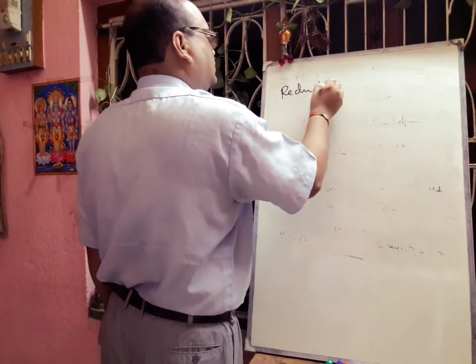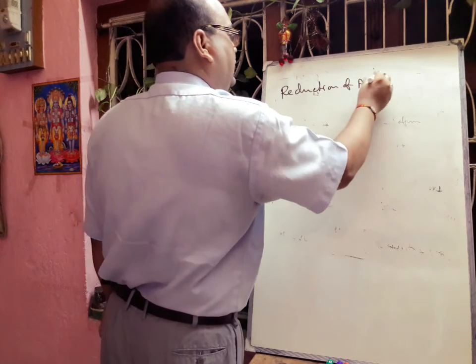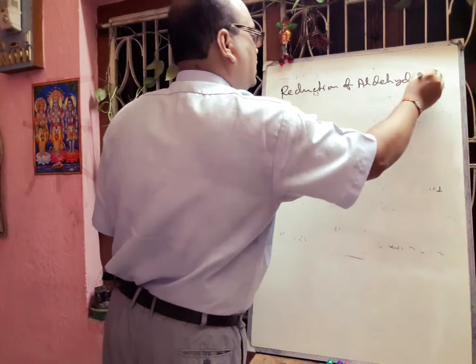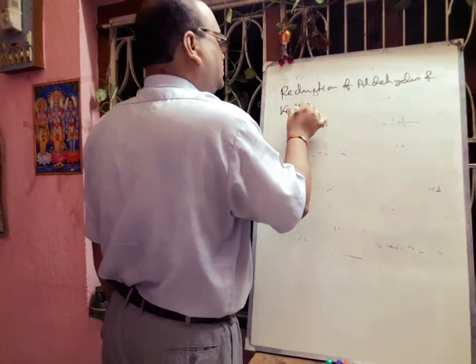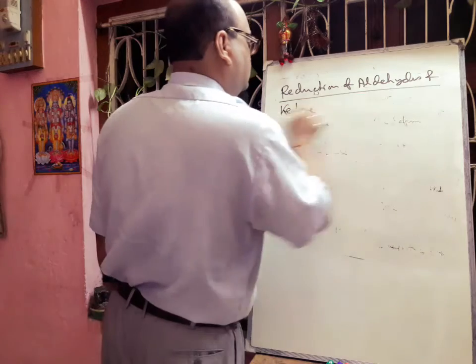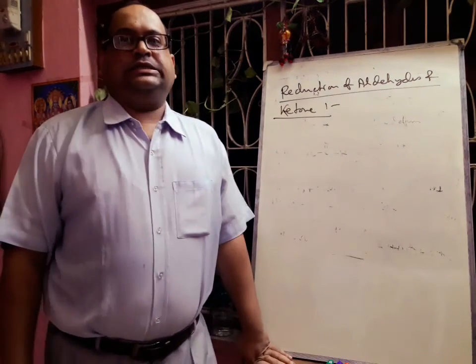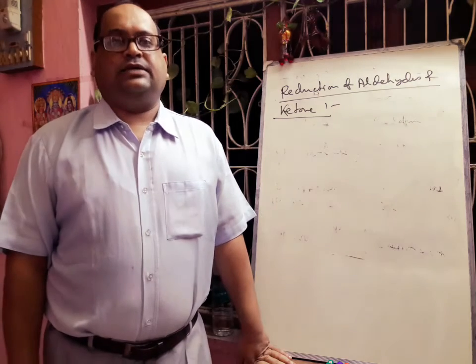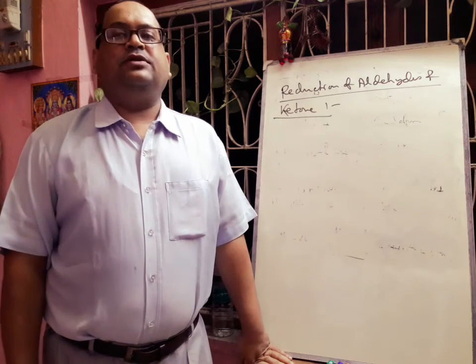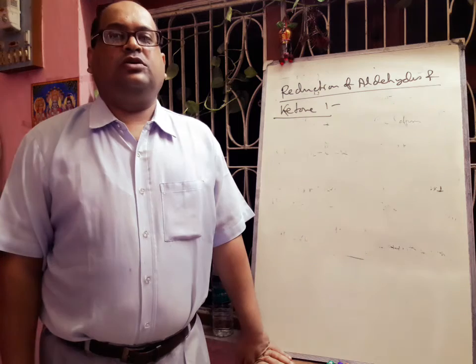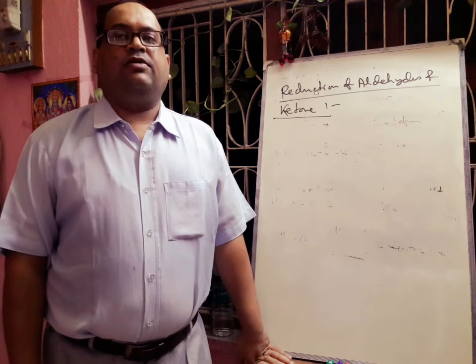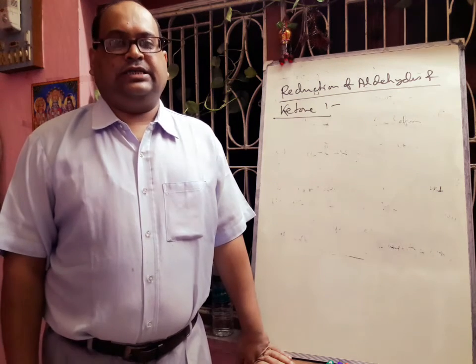Reduction of aldehydes and ketones. First we will discuss the Clemmensen reduction. In this method the reduction is carried out with zinc amalgam and concentrated hydrochloric acid.